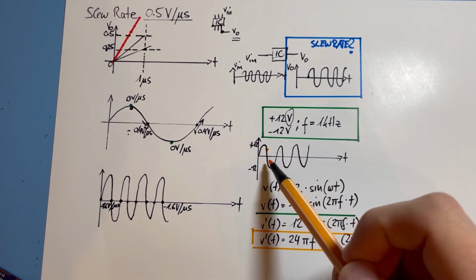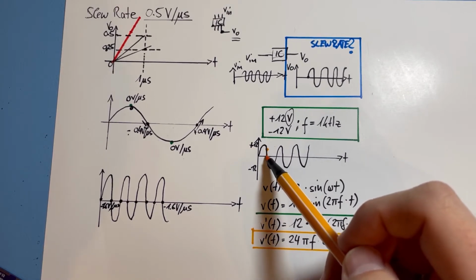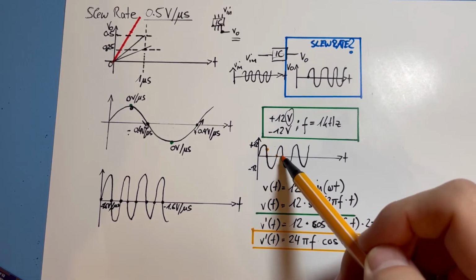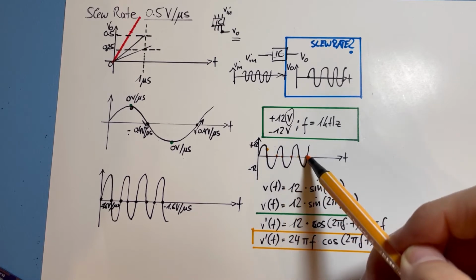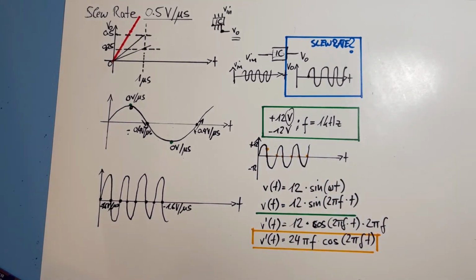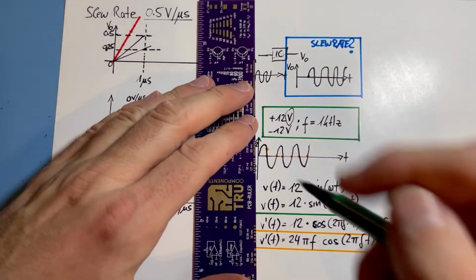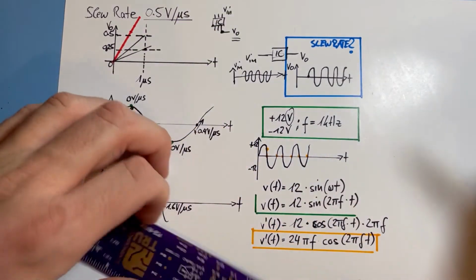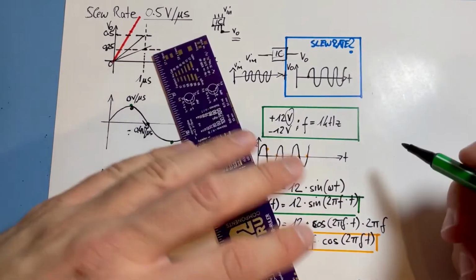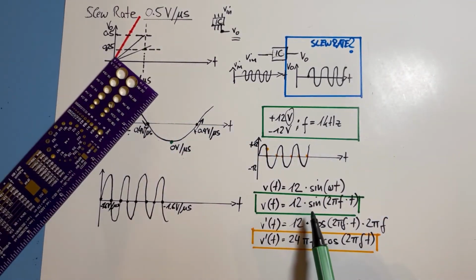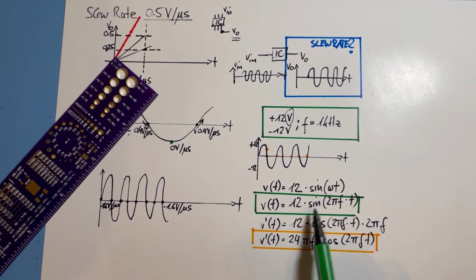Interestingly enough, the biggest fall, as we said earlier, is where the function value is 0. Here, here, here, and here. So where the function value itself is 0, which is represented by this equation. We have to ask ourselves, where is this term 0?